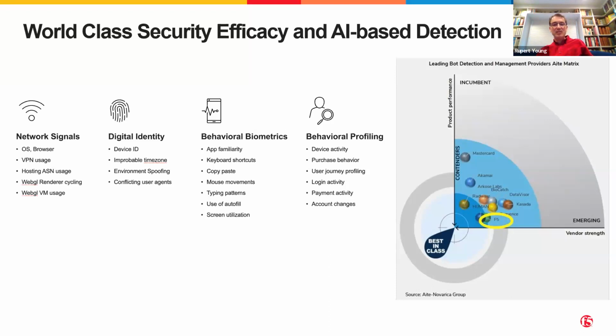The next category is behavioral biometrics. So this is really things like how they're typing, the types of keys that they might be typing in. Lots of function keys, control, alt keys, and so on don't really make much sense for someone typing in a password.